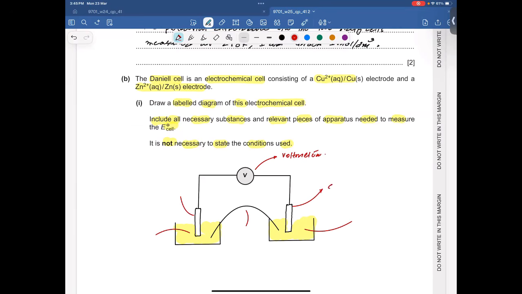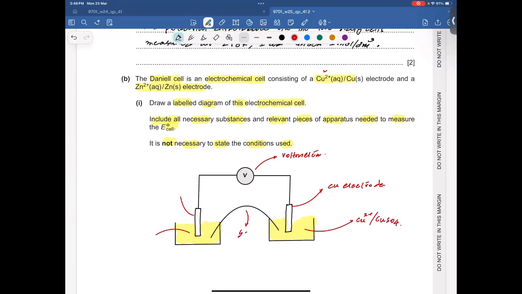This is the copper electrode, and this half cell contains copper ions, which means this copper ion must have a concentration of 1 mole per dm cube. It's not necessary to state the condition. So that's copper ions, also called copper sulfate.